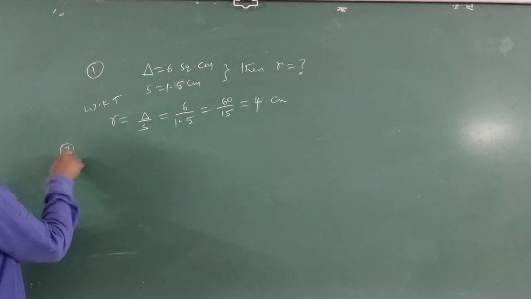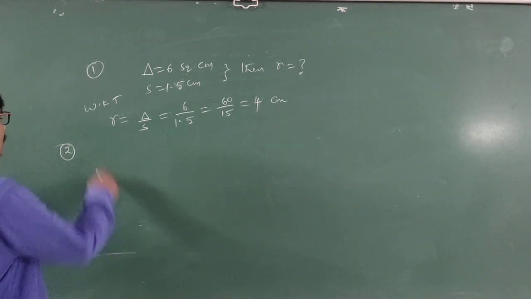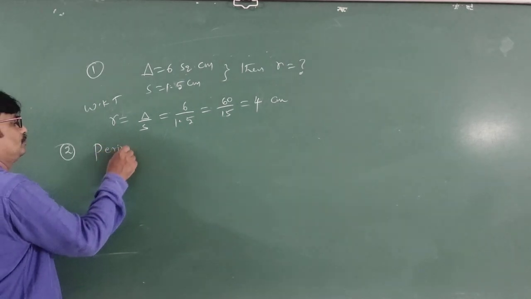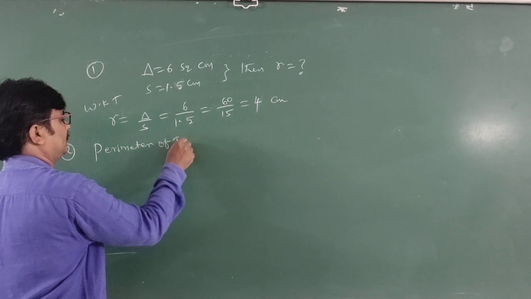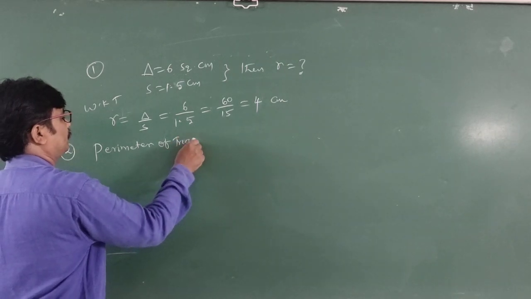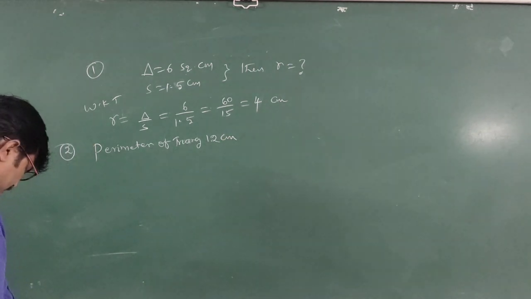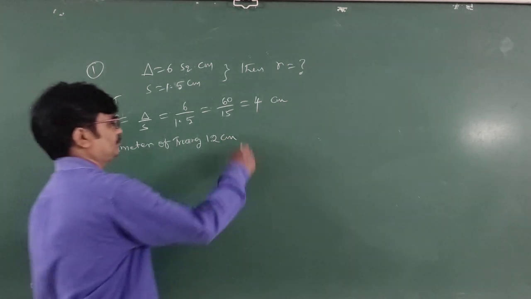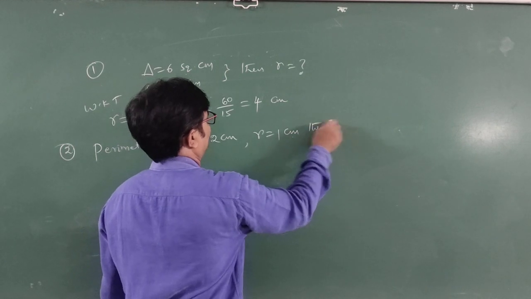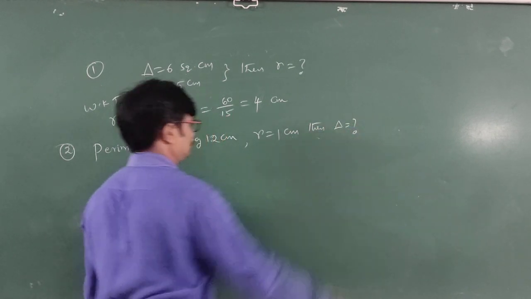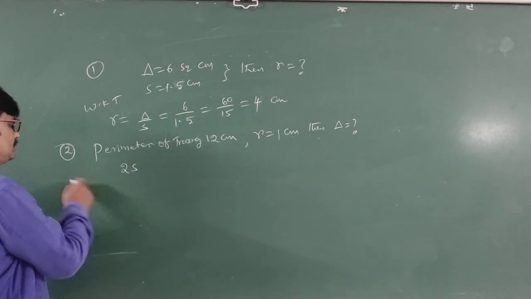Now students, question number 2. The perimeter of the triangle is given as 12 centimeters, and the inradius is 1, it is the easiest one. Then find delta. Just now we found the formula of 2s.